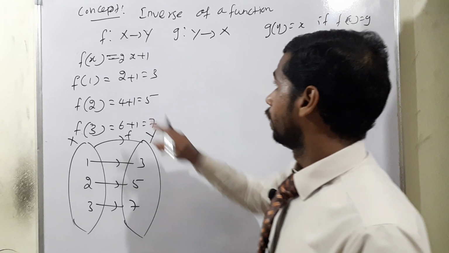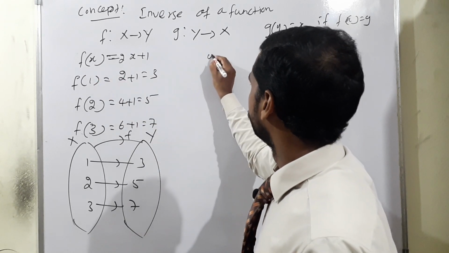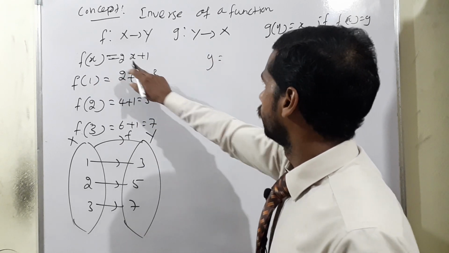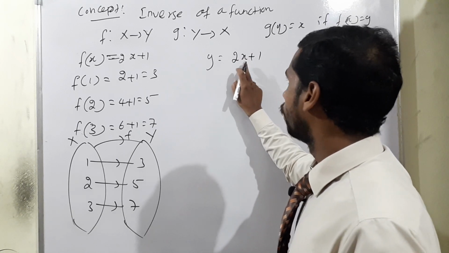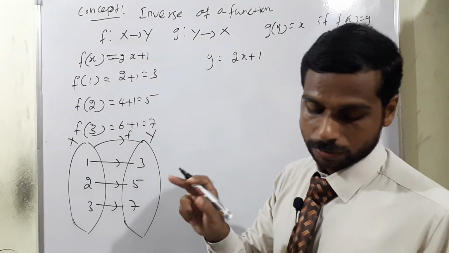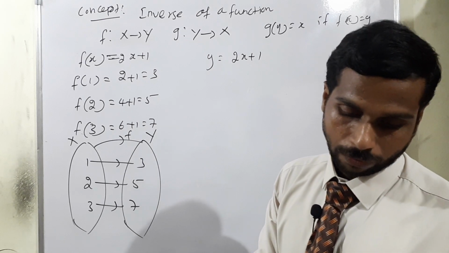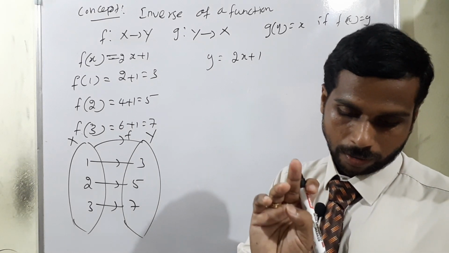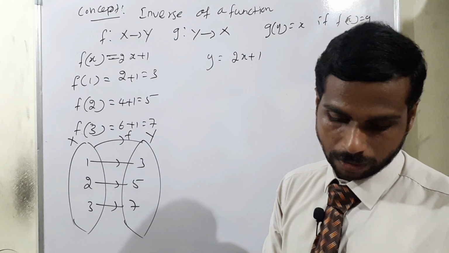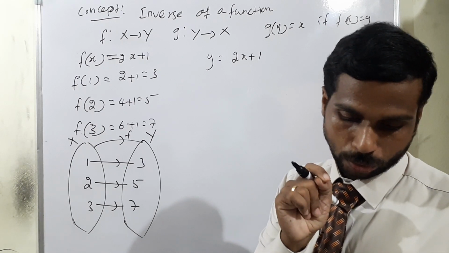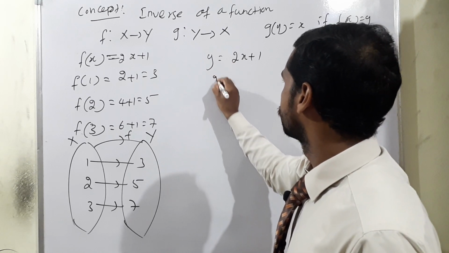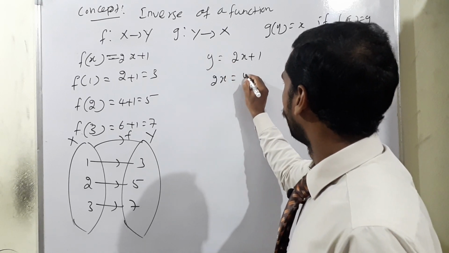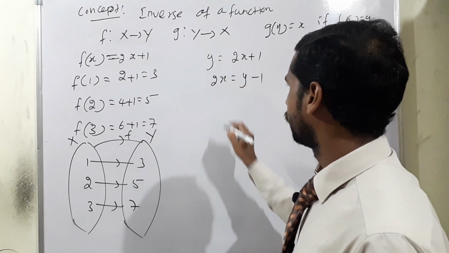Listen very carefully. f of x is y, so y is equal to the given condition 2x plus 1. From this, how to write it in terms of y? Just read the working rule to find the inverse of the function. The second subdivision: write x in terms of y. 2x is equal to y plus 1, bring it to the opposite side, minus 1.